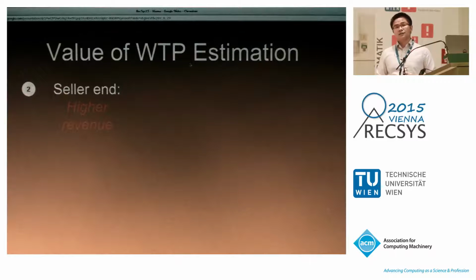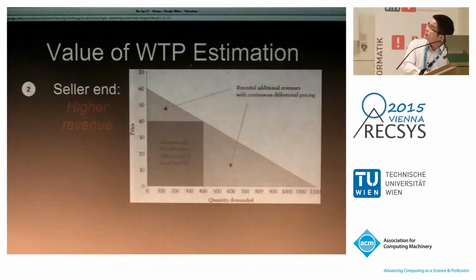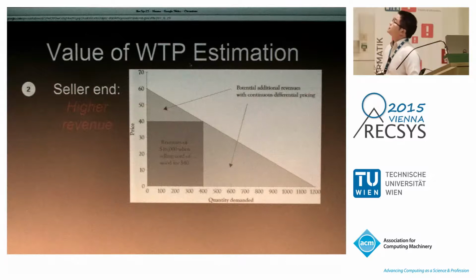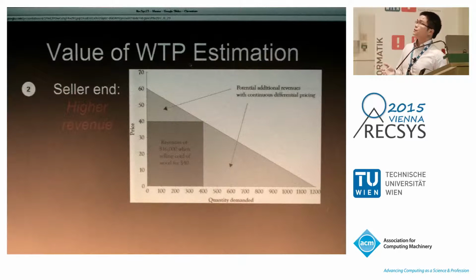In order to understand this, let me illustrate using the plot on the right. This is a demand curve that is commonly used by economists. The horizontal axis is quantity demanded, and the vertical axis is price. The general trend is that as the price decreases, the quantity demanded increases.